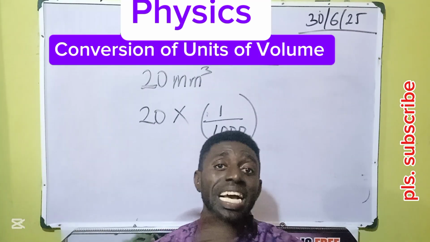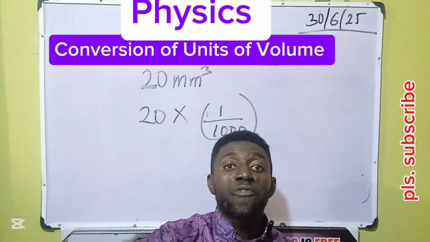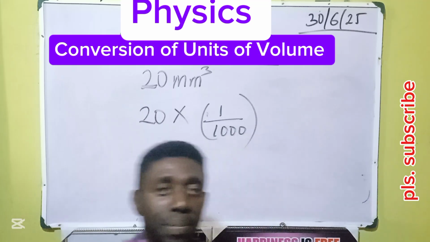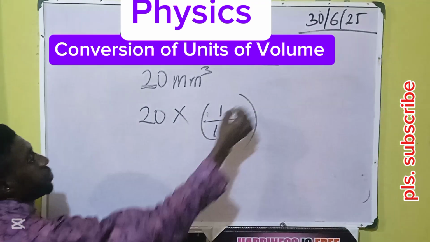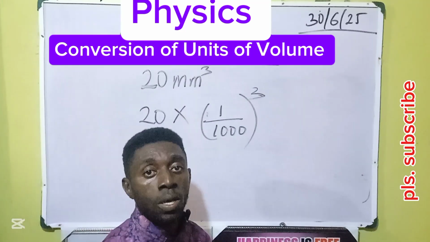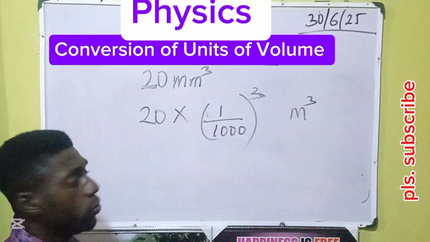Recall, in millimeter cube, milli and meter both have a portion in the cube there. So I'll be assigning cube to milli. Milli will be assigned its own cube. Then I'll now drop meter cube.